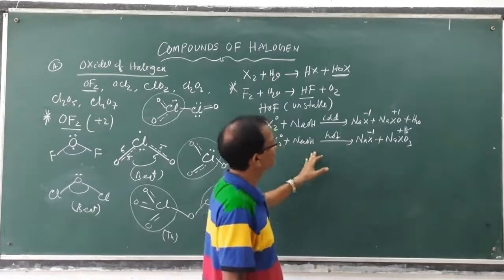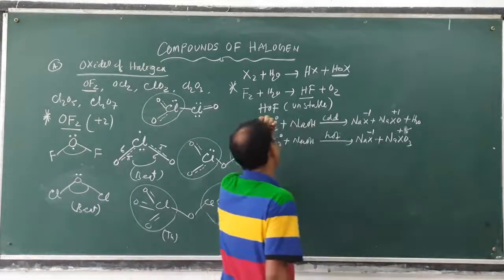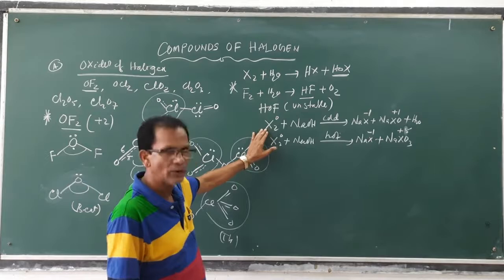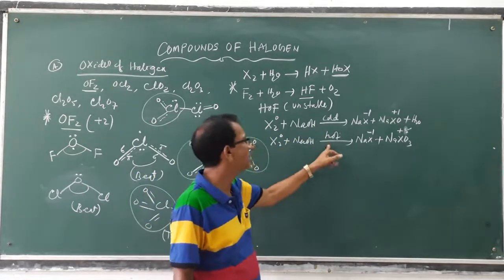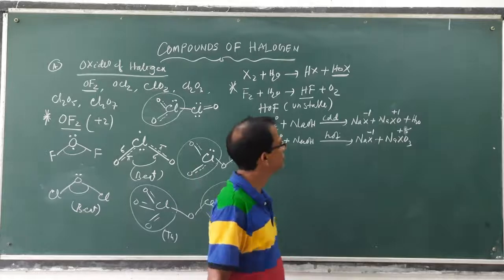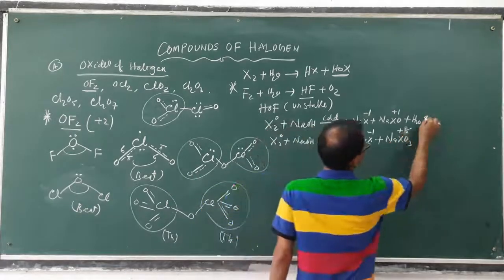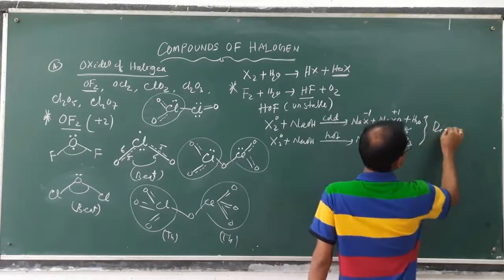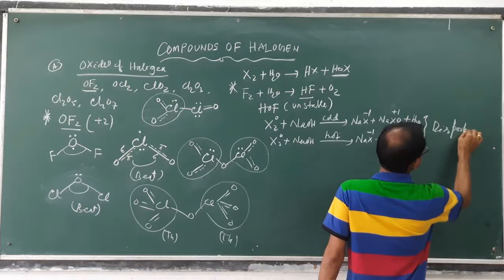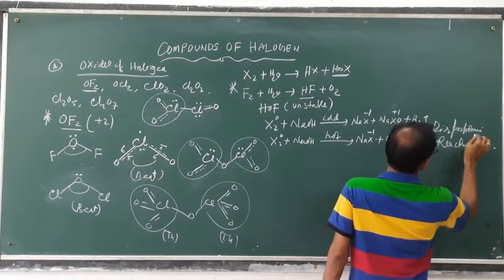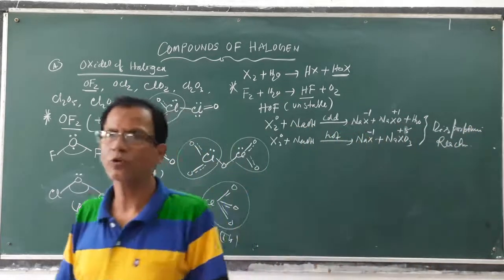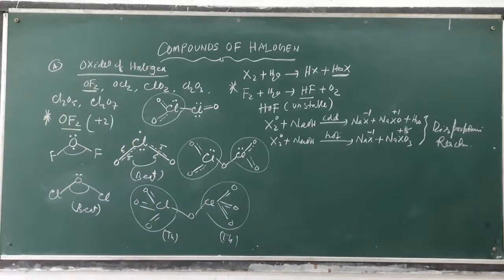That's why the same halogen in alkali, in cold and hot medium, gets oxidized and reduced. So these two reactions are called disproportionation reactions.